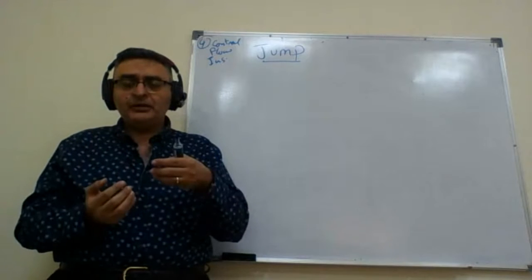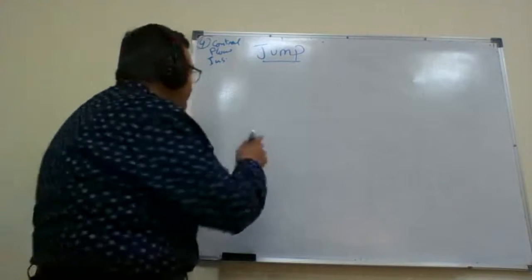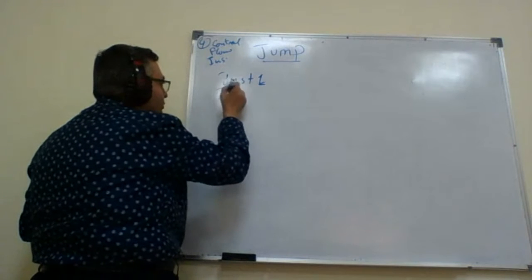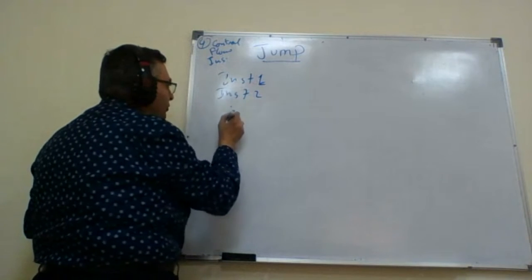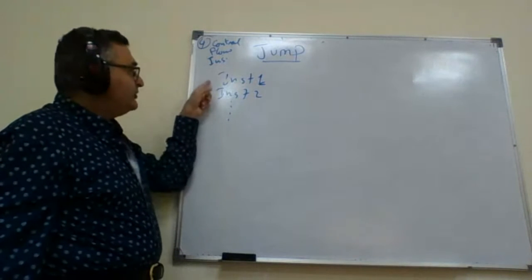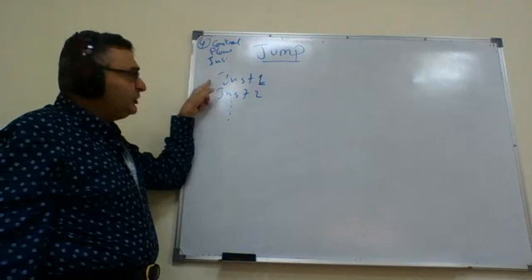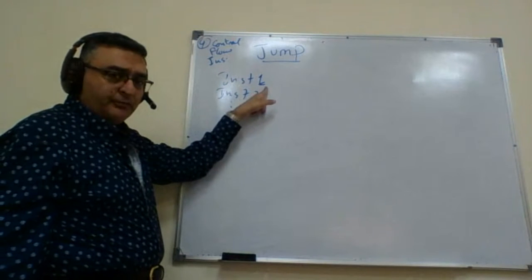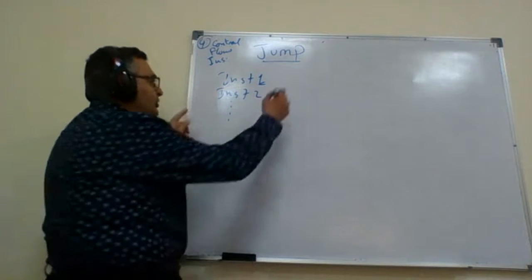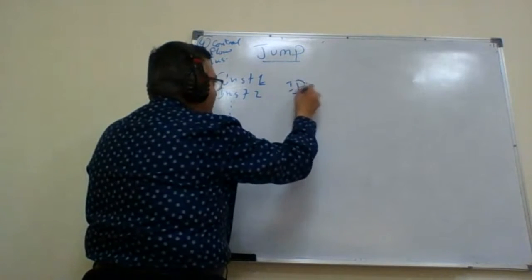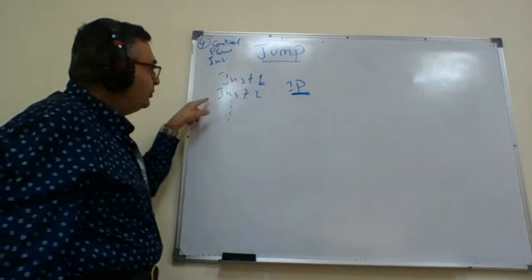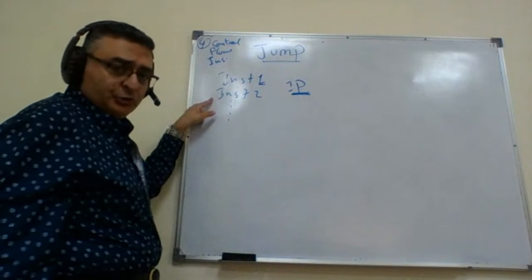So I have the code segment and I have maybe instruction 1, instruction 2, and so on. Automatically, the microprocessor does the three cycles, fetch, decode, execute for instruction number 1. After finishing instruction number 1, what happens? The instruction pointer is updated automatically based on the size of instruction 1 to point where? To instruction 2.